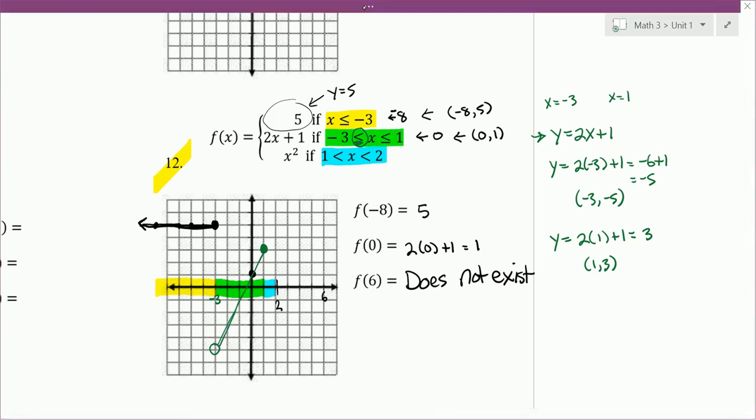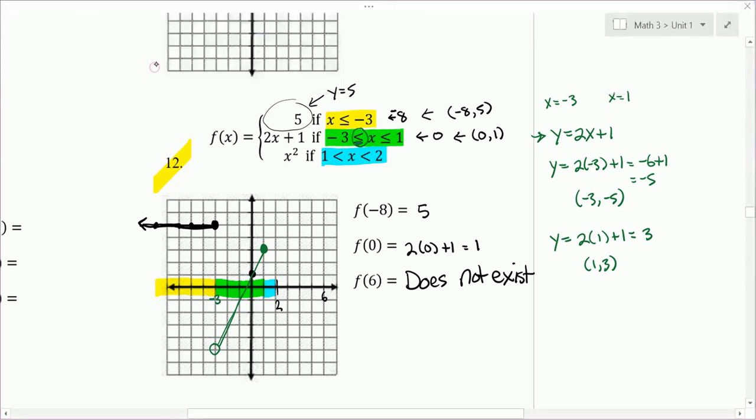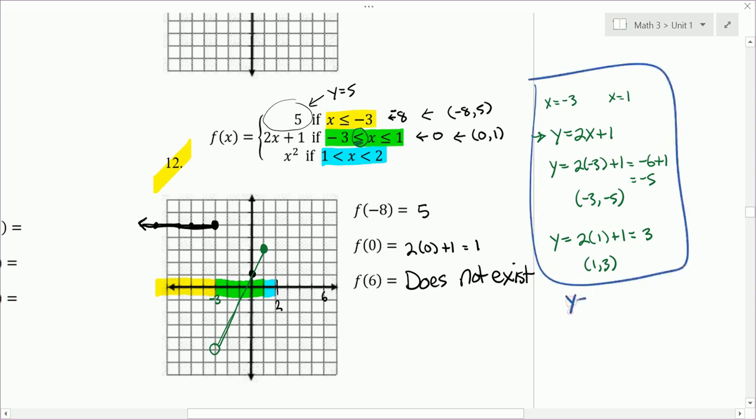Third piece in blue. We have to know the endpoints again. So we have y equals x squared, and we need to know what happens when we plug in a 1, and what happens when we plug in a 2. So first one we end up with 1, 1. Second one we end up with 2, 4.